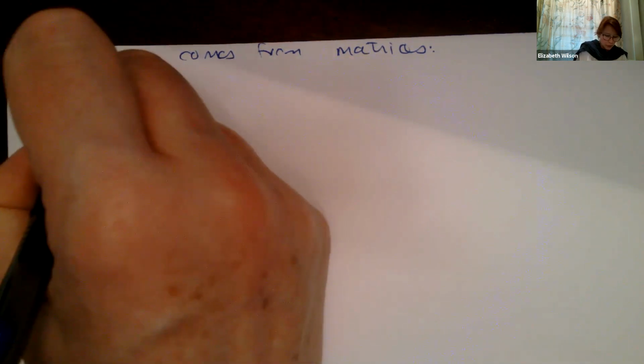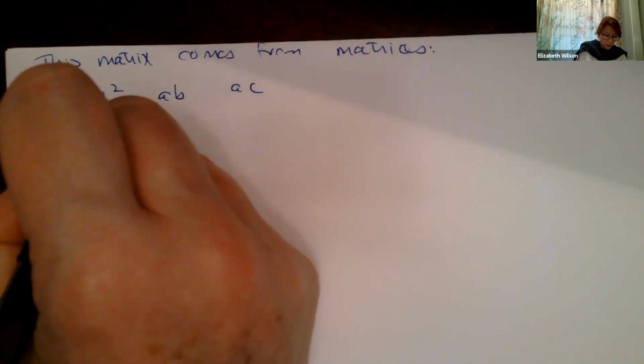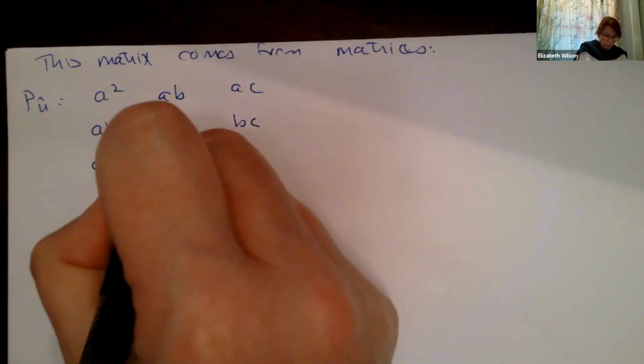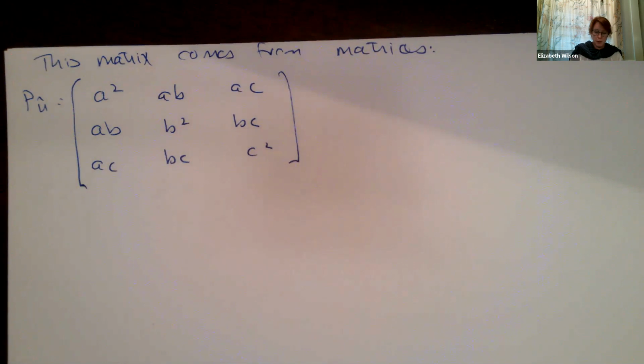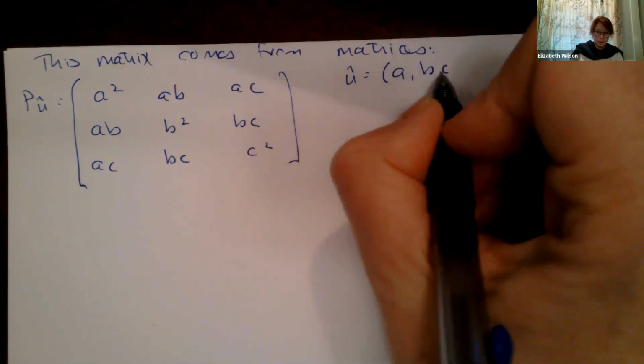Okay, so our individual matrices go like this. The projection onto u hat, which is our unit vector, is equal to a squared, ab, ac; ab, b squared, bc; and so on. Remember u hat has a, b, and c components, okay?